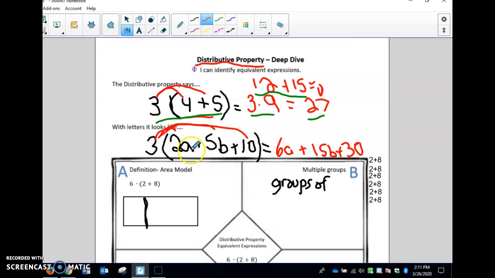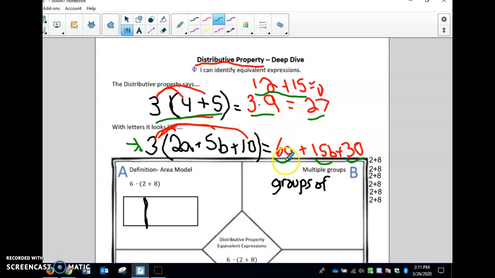Now, the one thing that's a little bit different with variables is I cannot combine things together that are not the same. If I think of this as a variable, I might think of this as 6 apples and 15 bananas and $30. I cannot combine apples and bananas. Those are 2 separate things, so I actually have to leave them separate.